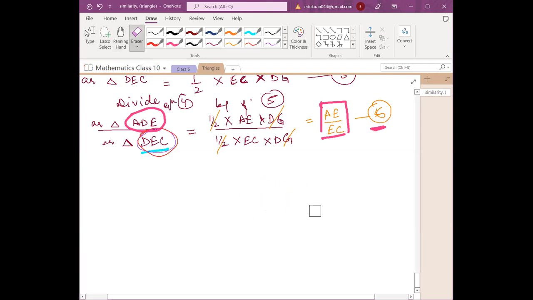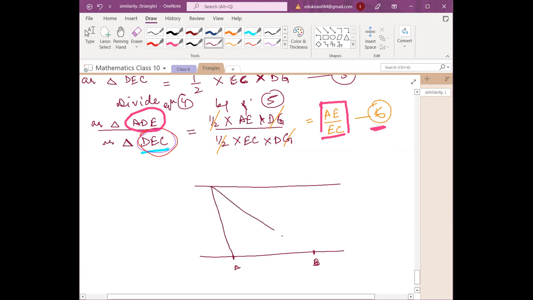Let me just explain, don't write. The theorem was actually this: let's say you have two parallel lines, and you take some base, let's say AB. Now I can draw so many triangles with the same base. For example, this is one triangle I'm drawing, and this is another.